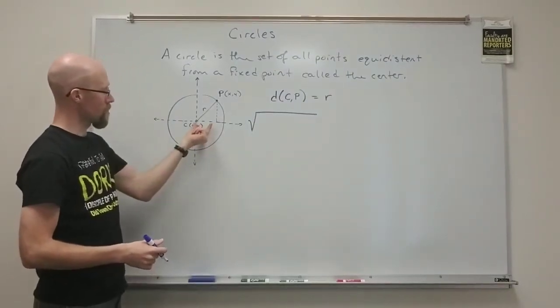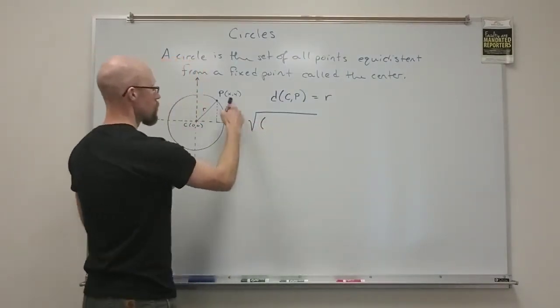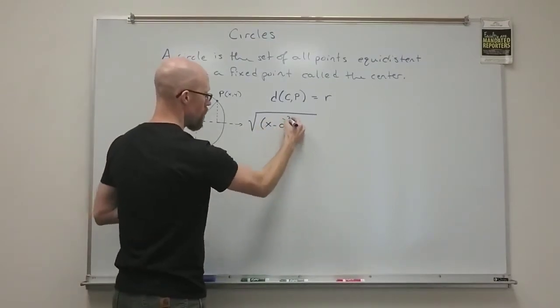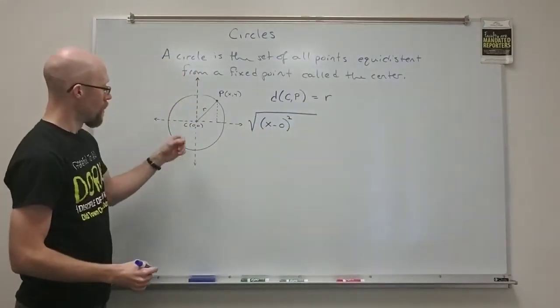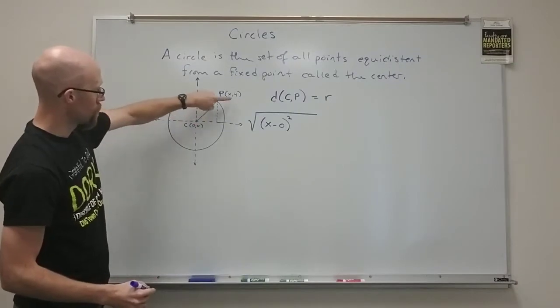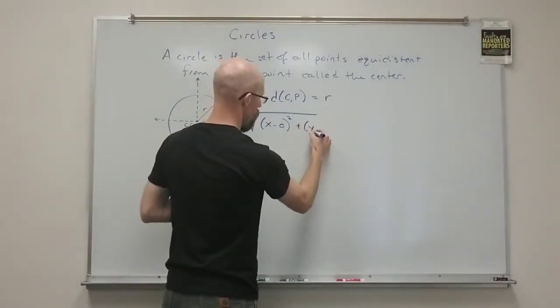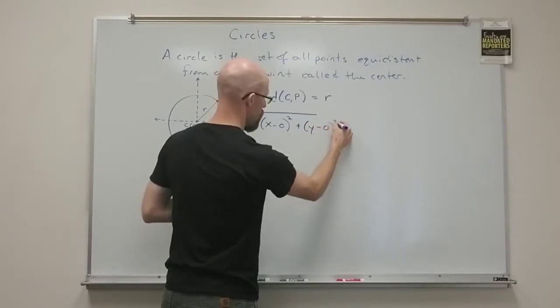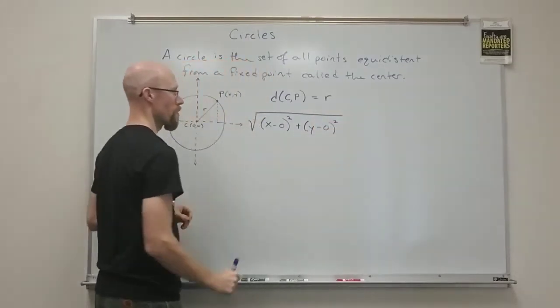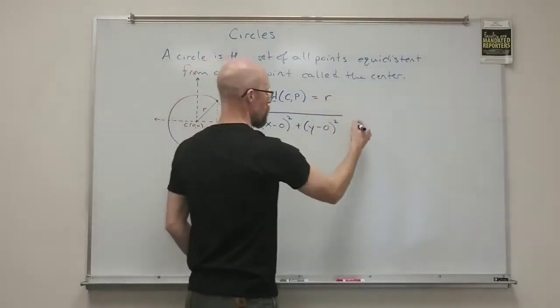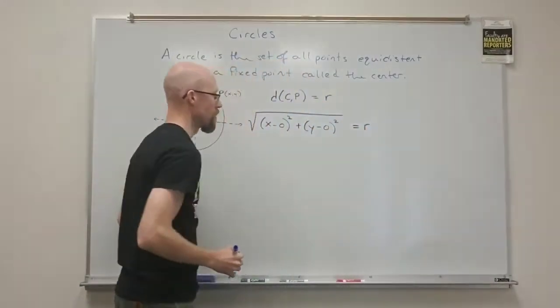Now the x distance is just the difference between the 2 x coordinates, which in this case is x minus 0, and you square that. The y distance is the difference in the y coordinates, which would be y minus 0, and you square that and add those 2 squares together. Now, of course, that equals the r on the other side.